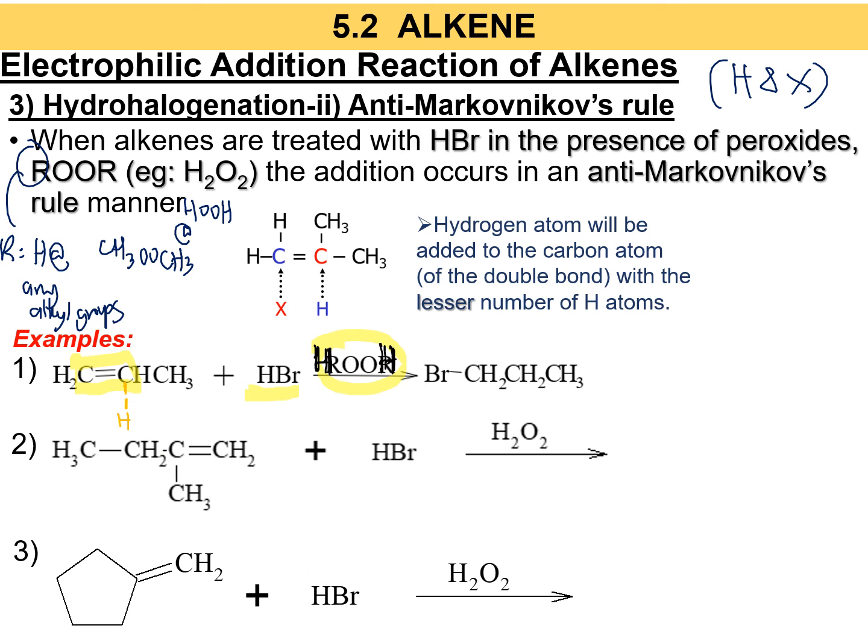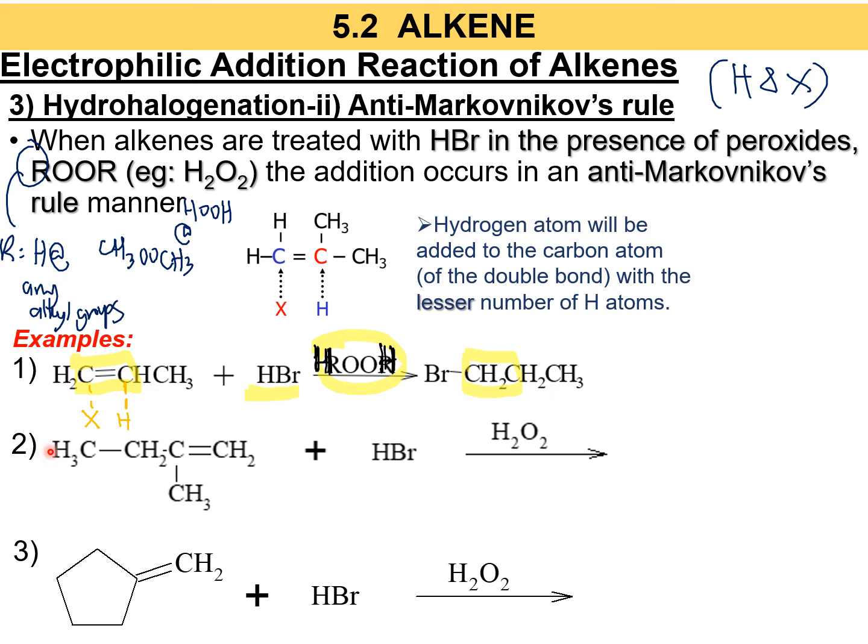Okay, which halogen? Since we use HBr, it will be Br. Therefore you can see here, the double bond becomes a single bond now. Okay, it becomes a single bond. This carbon previously gets Br, and this carbon atom gets hydrogen, going from one H to H2 like this. Understand?